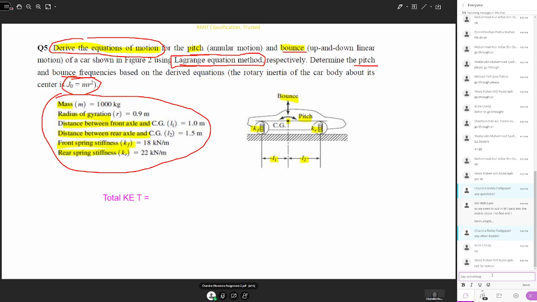Because of the bounce, the velocity will be there. So you can write total kinetic energy as half m x dot square, where x represents the bounce.